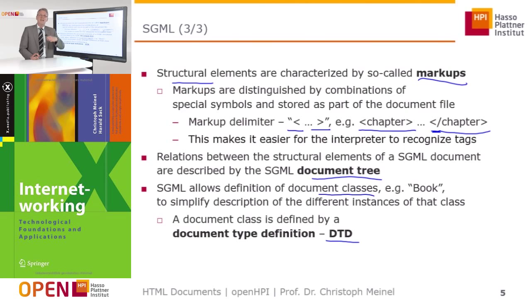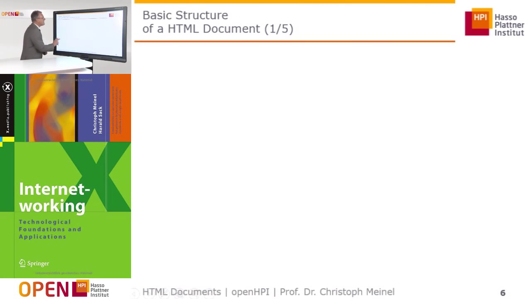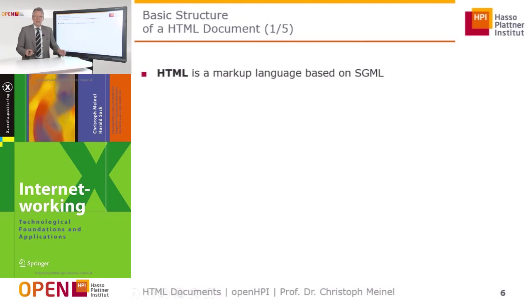And then he only needs to fill up the special markups and special characteristic structural elements to design his own book. So let's come back to HTML. The HTML is also a markup language, and it's a markup language that's designed by means of SGML.